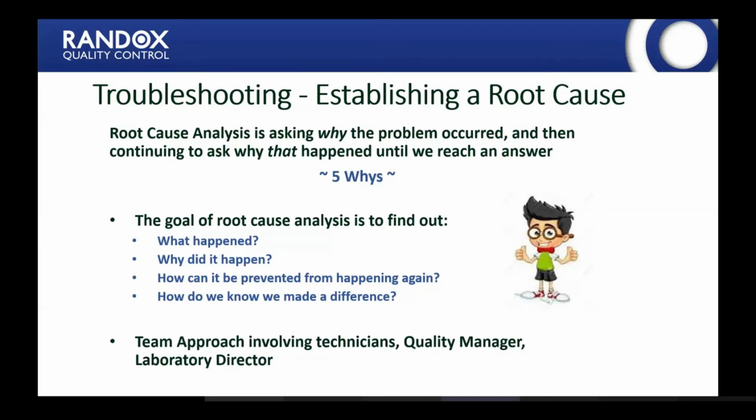But in this case, you have to ask the question, is that the root cause? Is the root cause just that the alternator wasn't working? Or was it something else? So perhaps the alternator wasn't working because we didn't do the maintenance that we should have done on the car.